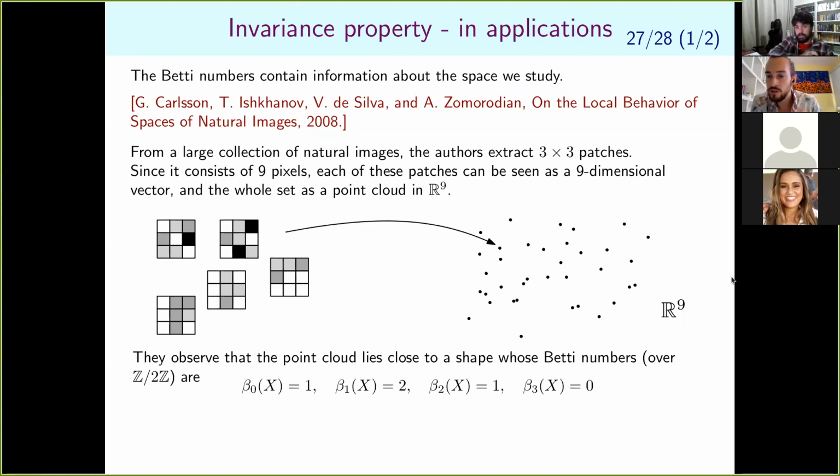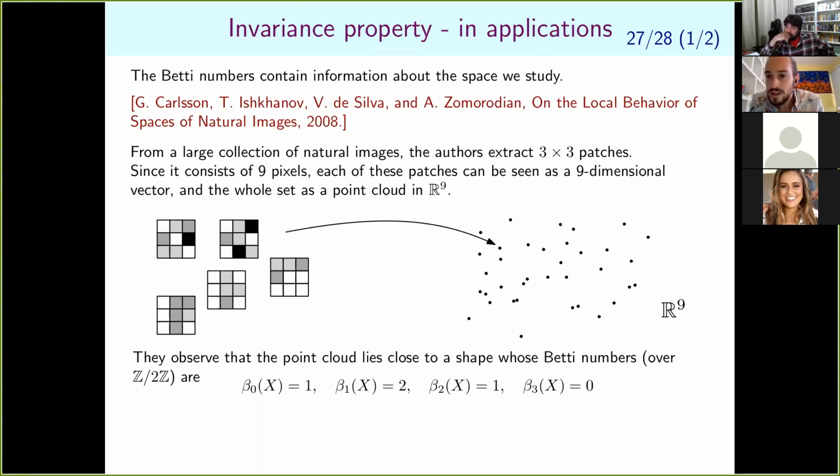And we can try to understand the topology of this point cloud. What they do here is they try to compute the Betti numbers of this point cloud, of the underlying shape, and try to understand what it is. And they obtain the following Betti numbers. Beta 0 is 1, beta 1 is 2, beta 2 is 1, and beta 3 is 0. And now we could say, these are the Betti numbers of a space I know.